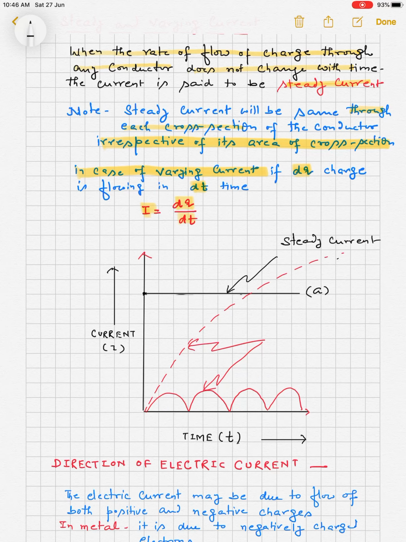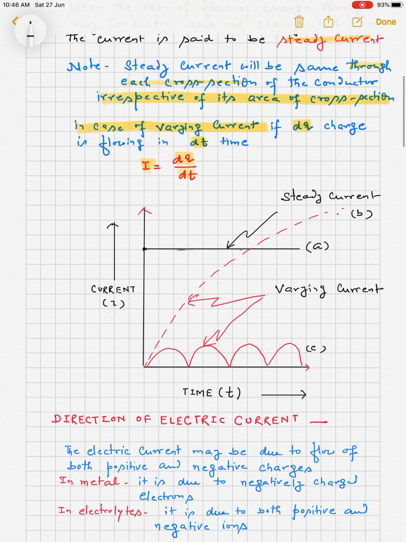Now the B graph and this C graph show that the time is changing and the current is also changing. Current is not the same for every time. So these two graphs B and C are for varying current.